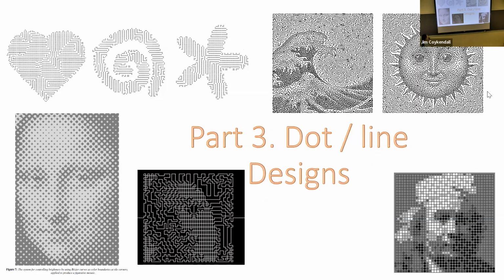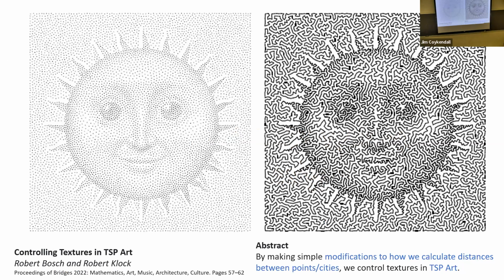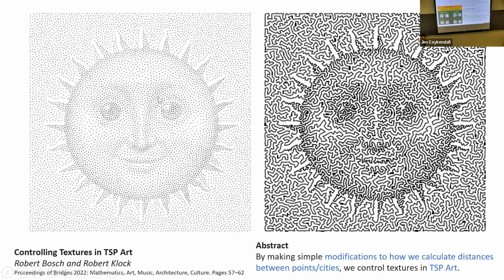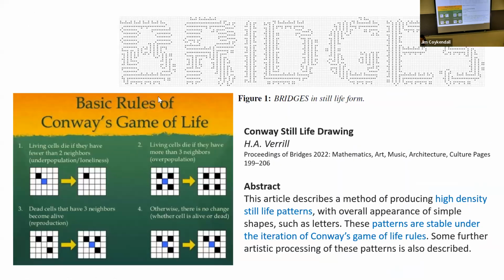Okay, next, I will talk about some dots or lines design. So some designs that come from dots or lines. There are quite a lot of them. Like this one. Starting from the dots, I will get some lines that make you feel that this is still the sun. The technique used here is called the traveling salesman problem.